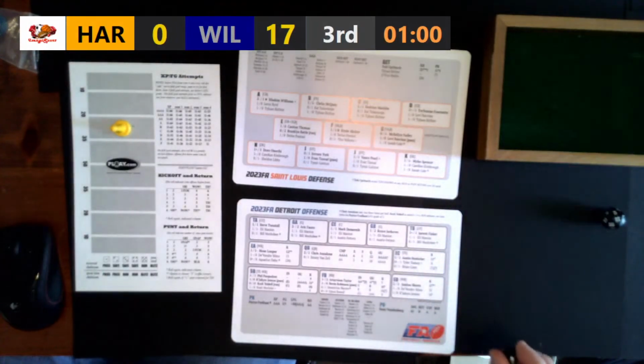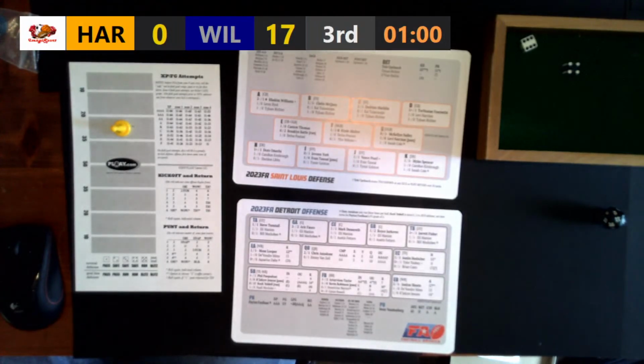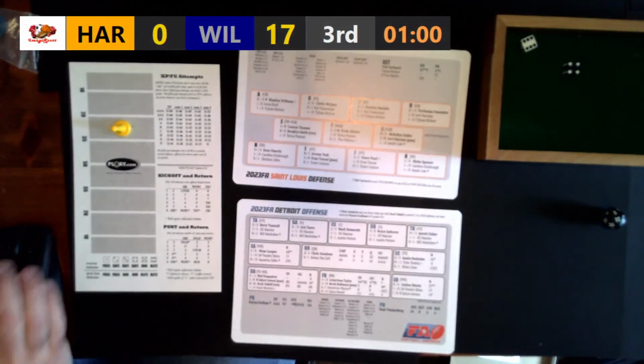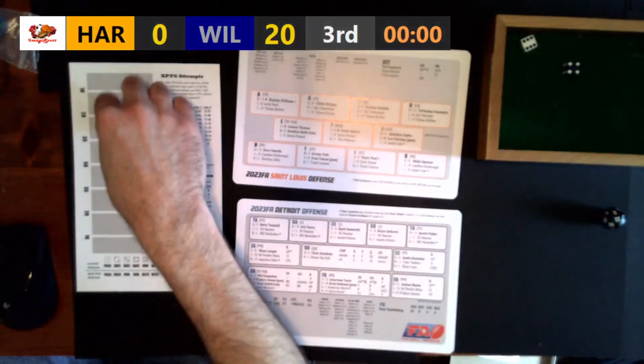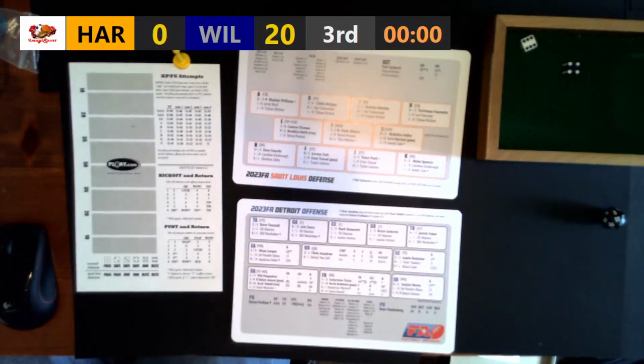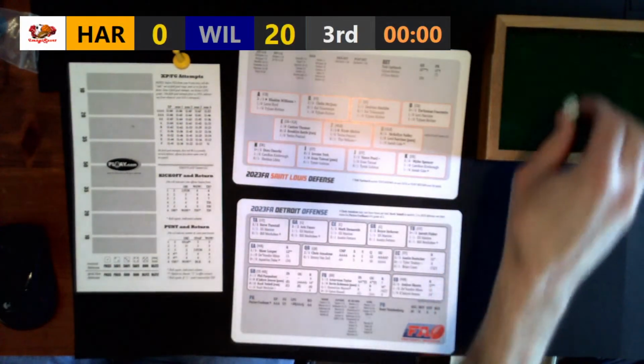So that's going to bring up Fordham for the field goal attempt. Again, since he's a U, Snake Eyes is going to be a block, and Boxcars is going to be a penalty. Everything else, though, is going to be a made field goal. So Fordham with another field goal once again. And so as we end quarter number 3, your score now, Williamsport is up 20-0 over the Harrisburg Airplanes.